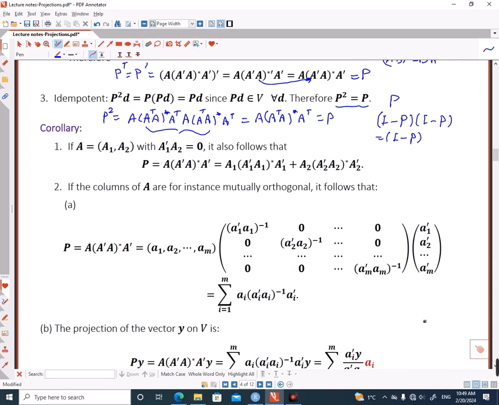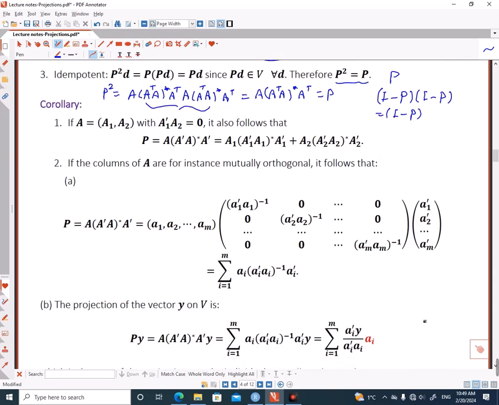Now we want to use the projection matrices. Suppose that I write A as A1, A2, where A1 is orthogonal to A2. Then we can simply write the projection matrix, which is defined by this formula, as the sum of these two matrices.